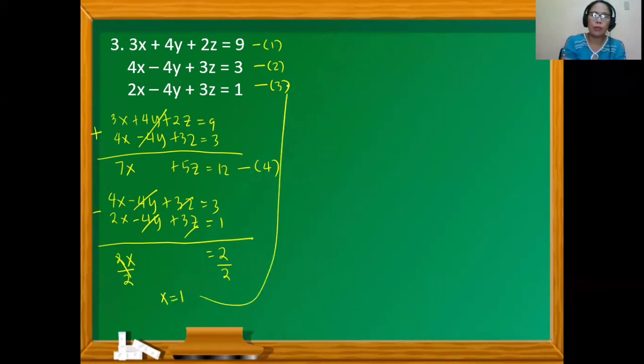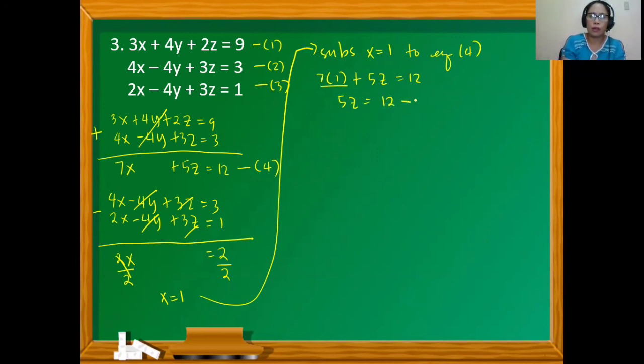And then we will substitute x equals 1 to equation 4 only. So we have 7 times 1 plus 5z equals 12. So 5z here equals 12 minus 7.